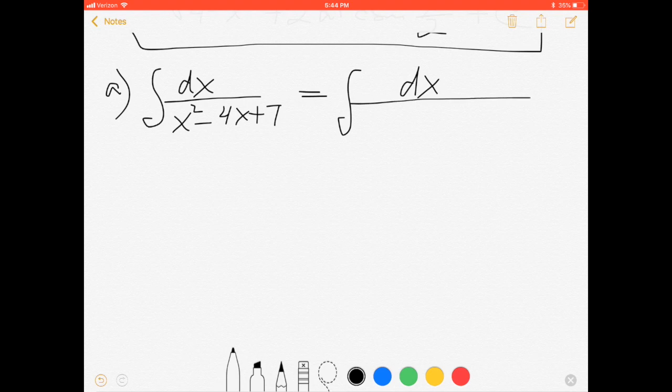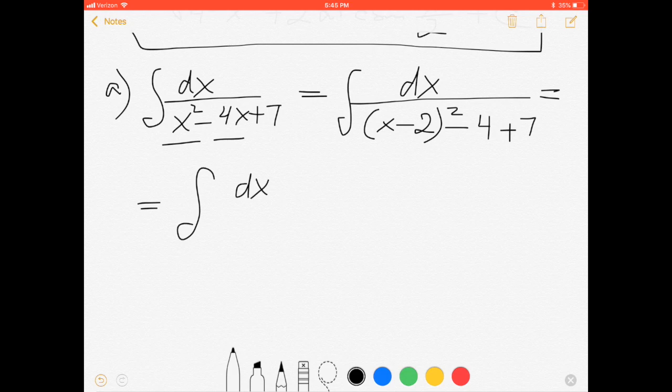Looking here, what I have x squared minus 4x. This means I can write x minus, because minus 4x, and half of 4, 2 squared. And always you need to subtract the square, the last square is constant. This means I subtract 4 and add 7. Continue, simplify. I have dx over x minus 2 squared plus 3.